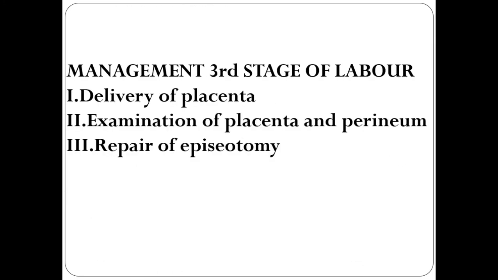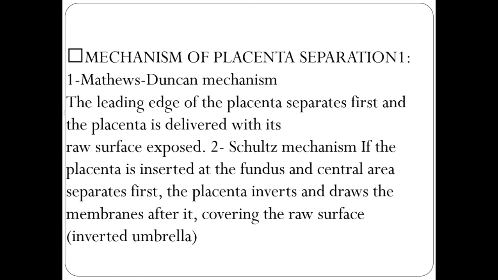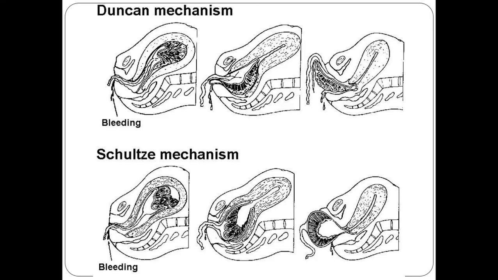There are two mechanisms of the delivery of the placenta: the Duncan mechanism, where the edge of the placenta separates first, and the Schultze mechanism, as the picture shows. The Duncan mechanism starts from the edge of the placenta and proceeds to the rest, while the Schultze mechanism starts in the middle of the placenta and it separates from the uterus toward both edges.